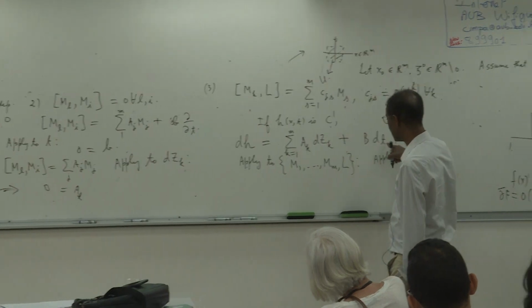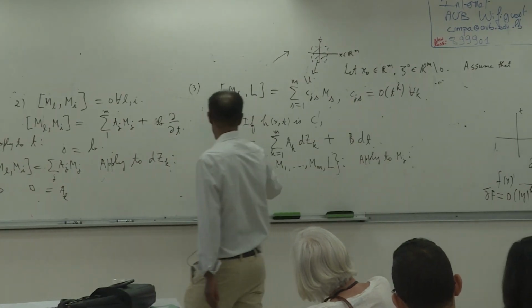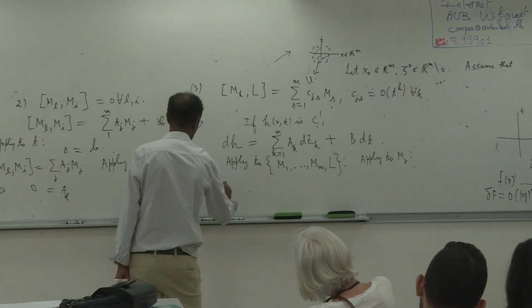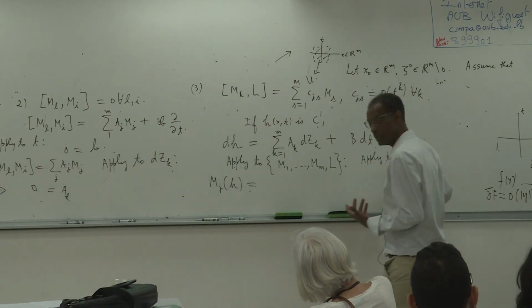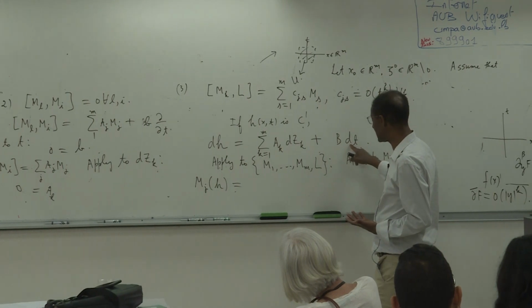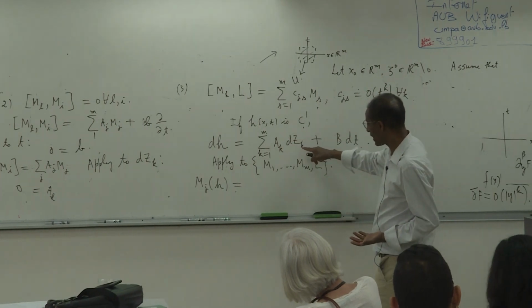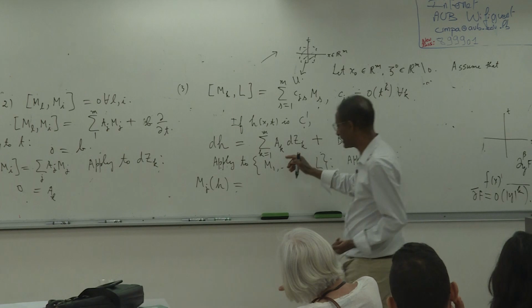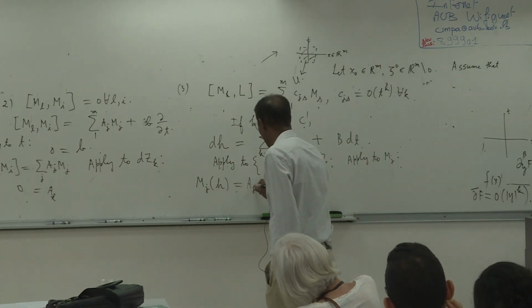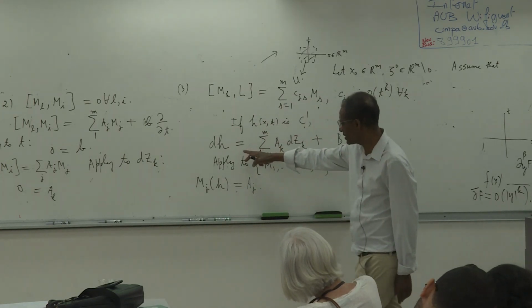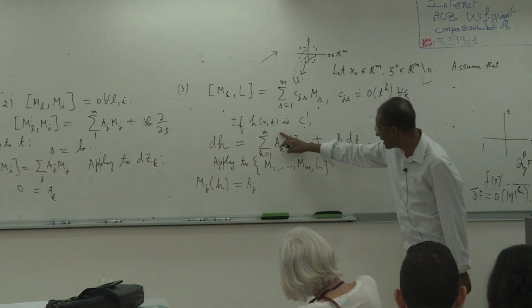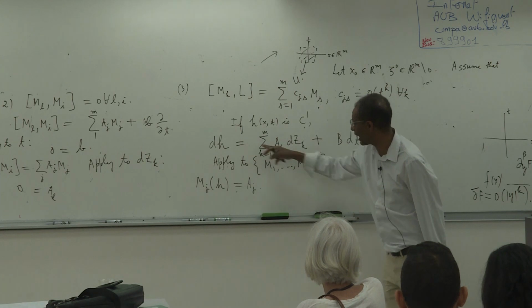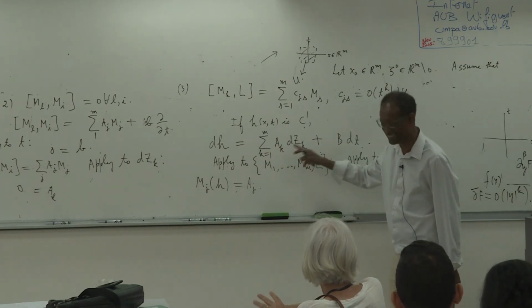This side will be Mj applied to h, so Mj of h. On this side, Mj, remember, is only differentiation in x, so it kills the dt term. Mj acts on dzk only when k equals j, and in that case it gives you aj. So this is nice, you see? When the differential of h is expressed using the differential of zk and dt, then the ak are exactly Mk of h. All right.